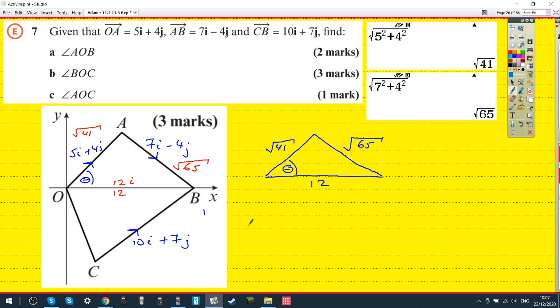Okay. So opposite, no, adjacent and hypotenuse. No, it's not a right angle triangle. Cosine rule. So back over. Oh, c squared equals a squared.